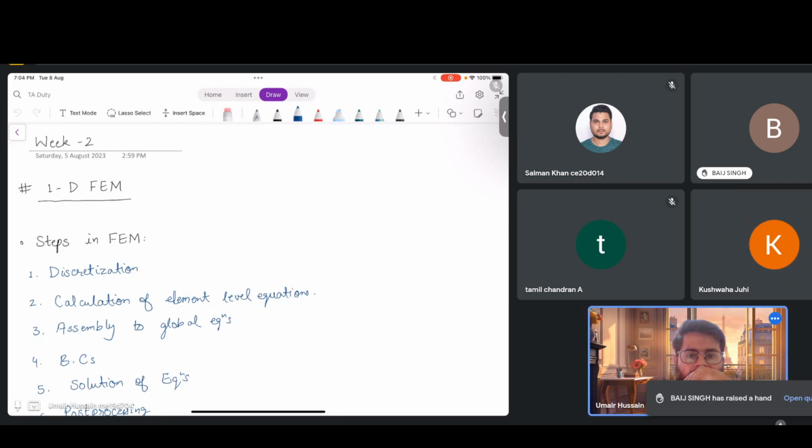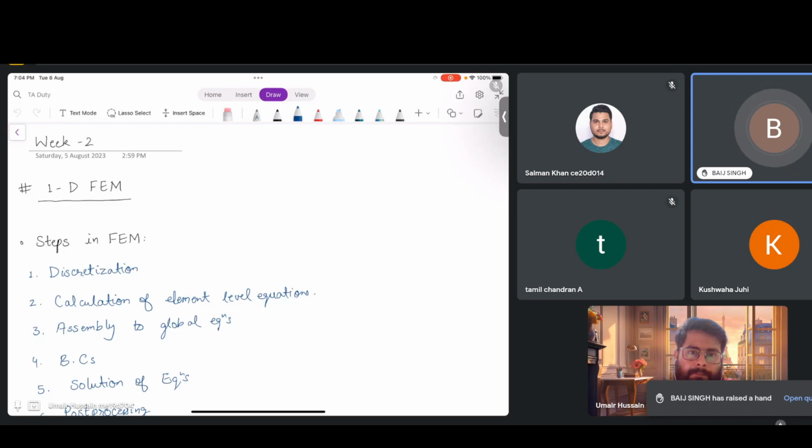Can I answer this? Yes, sure. I don't think so. You're doing something wrong. If you follow the procedure that was suggested by Nandi sir, it will be C1 only, nothing else. We don't have to vary this C1.